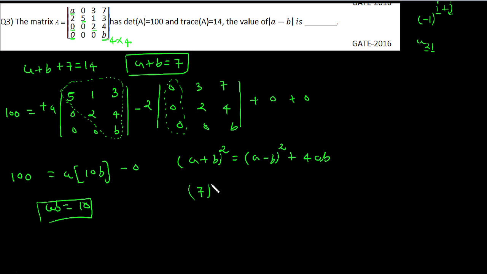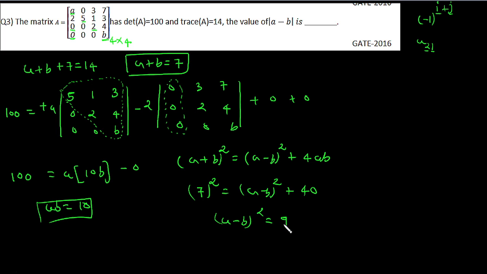Here 7 squared equals A minus B squared, which remains as it is, plus AB equal to 10 multiplied by 4, which is simply 40. So here we get A minus B whole squared is simply 49 minus 40.